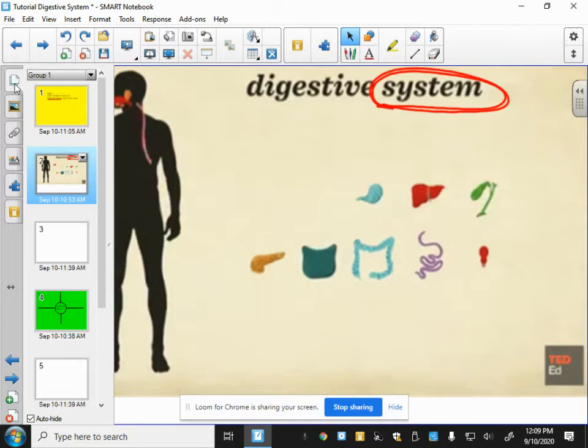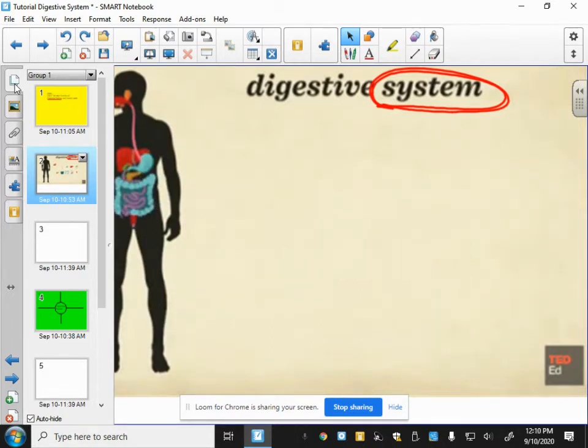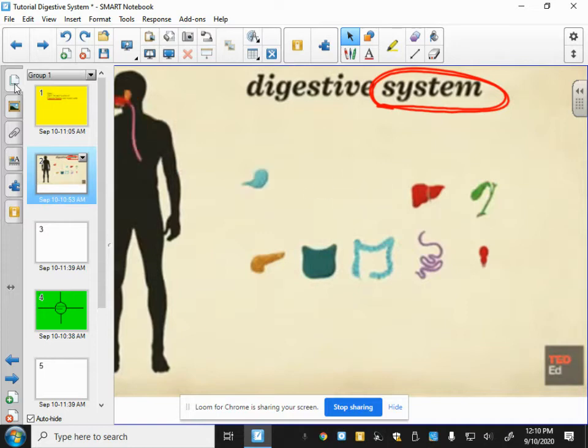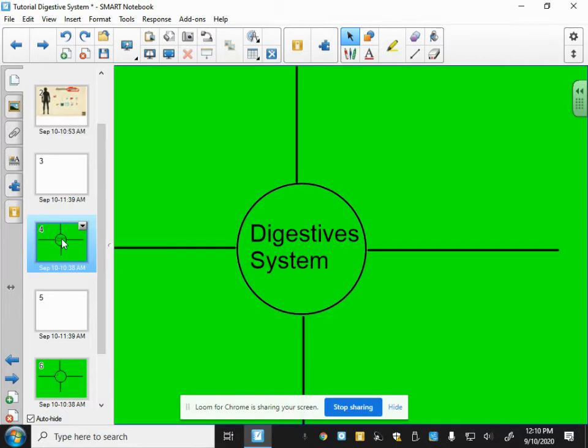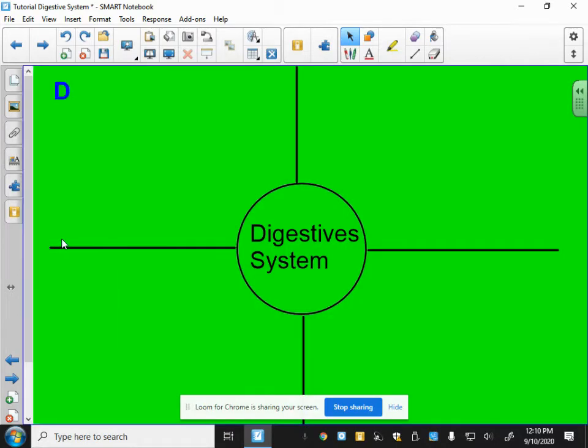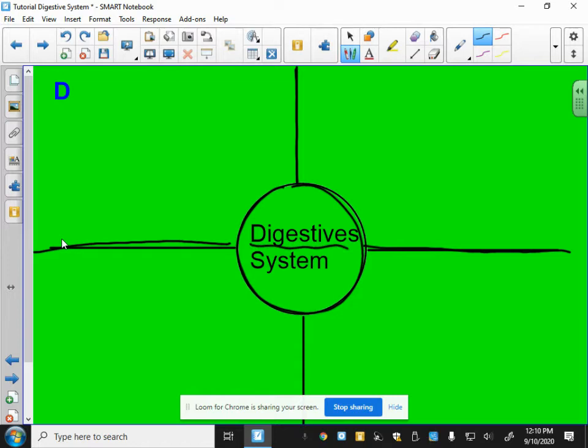I want you to get your notebook ready and you're going to follow along and write the notes in your notebook. The first thing I need for you to do is to draw a graphic organizer that looks like mine. I'm going to draw the graphic organizer, and in the middle I want you to write digestive system.